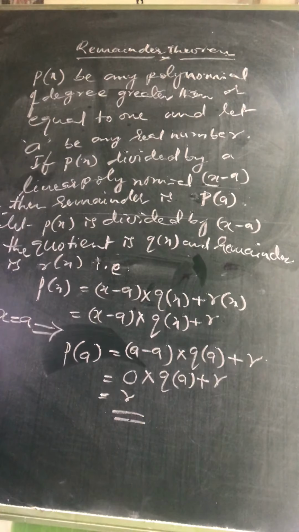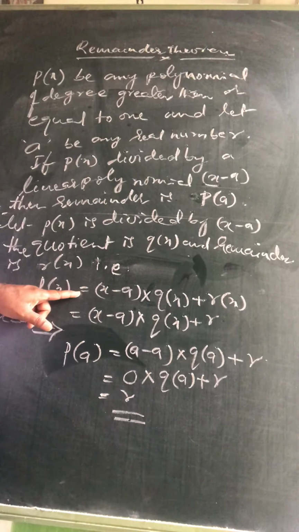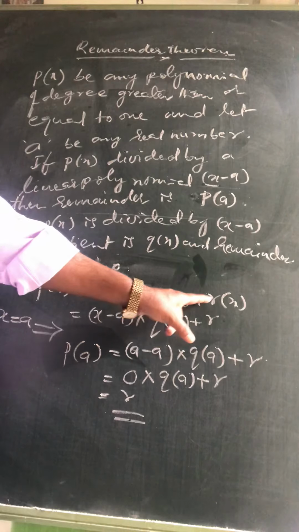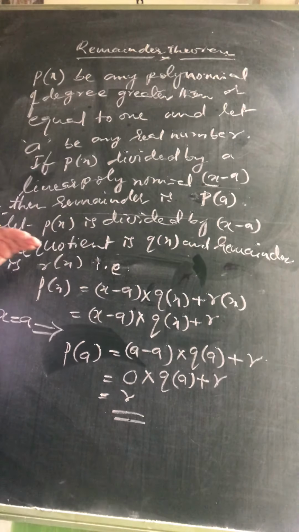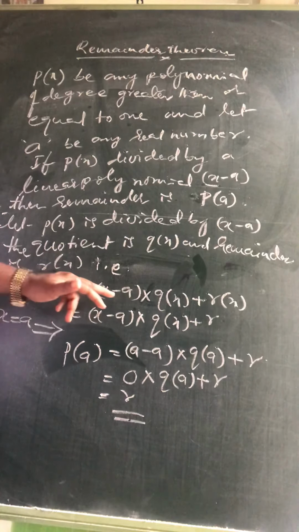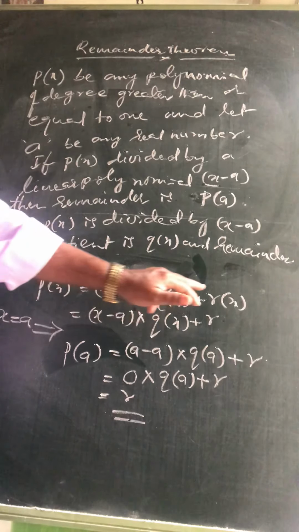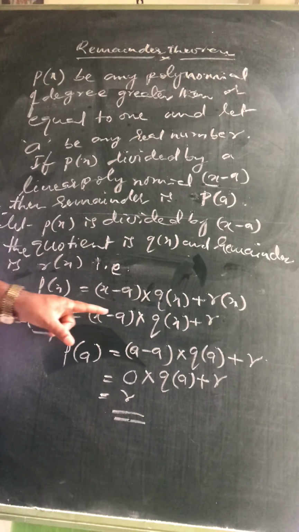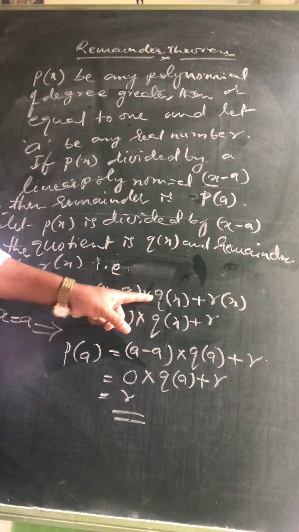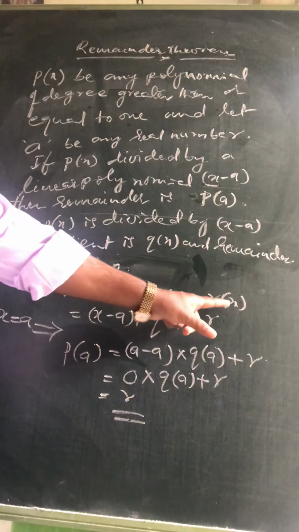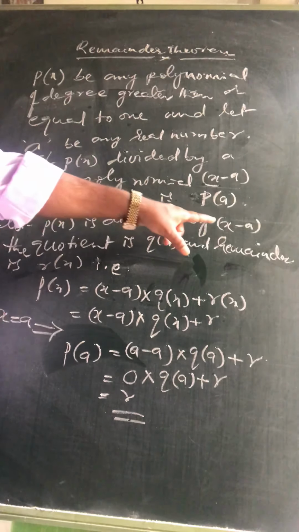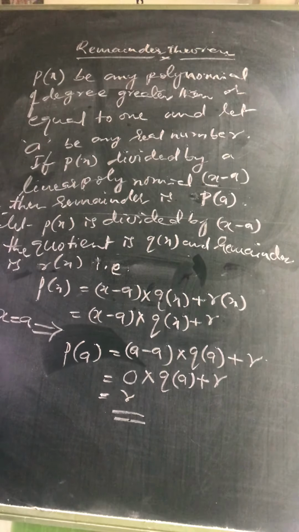Already you know the division algorithm: p of x is equal to x minus a into q of x plus r of x, means dividend is equal to divisor into quotient plus remainder. Here the divisor is x minus a, the quotient is q of x, and r of x we can write as r only. Why? Because we are dividing with a linear polynomial.